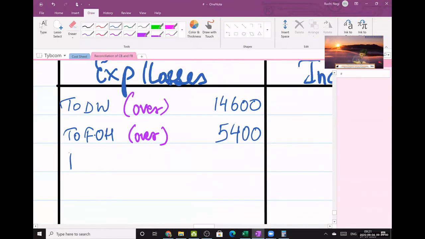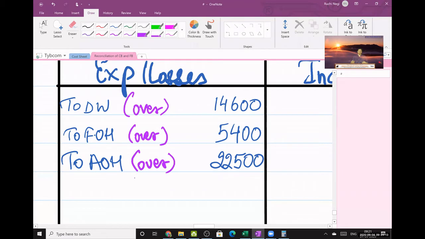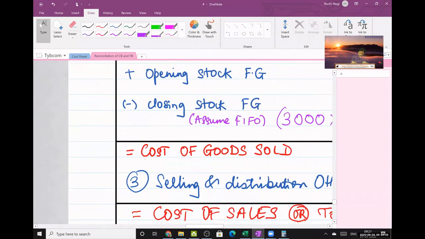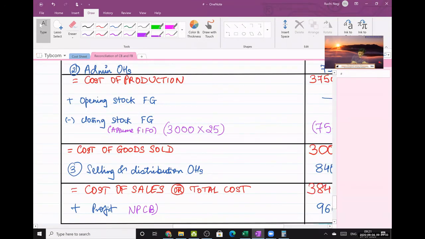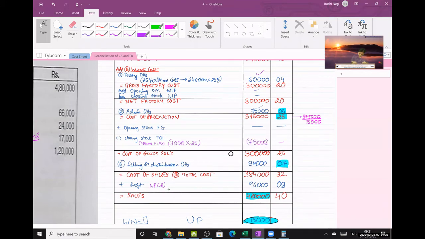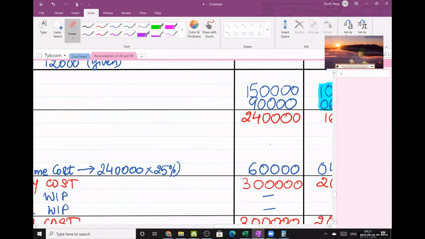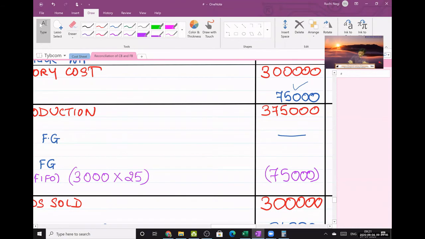So here, admin overheads 22,500. Next, this is done, admin is also done.